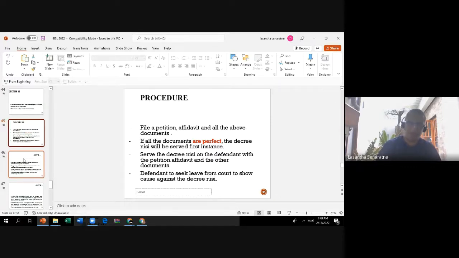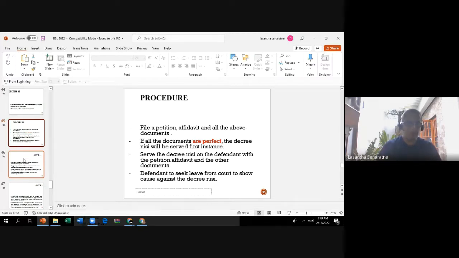You file the copy of the decree nisi, and it will be served to the defendant. Serve the decree nisi on the defendant with the petition, affidavit, and other documents. So if you have filed summary procedure, the decree nisi will be served along with the connected documents to me, the defendant, who must seek leave from court to show cause against the decree nisi.